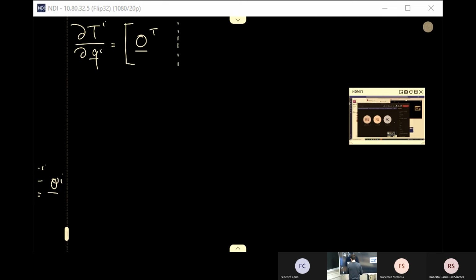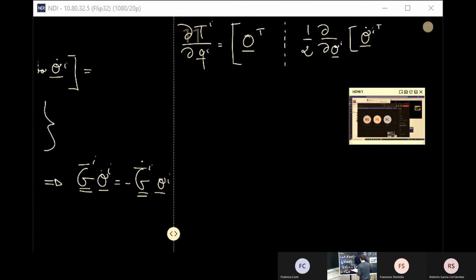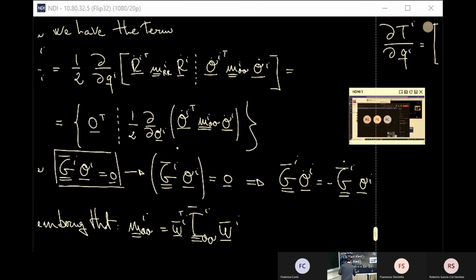And then the second part is 1 over 2 of the derivative with respect to theta_i of theta dot_i transposed. So here I made a mistake.